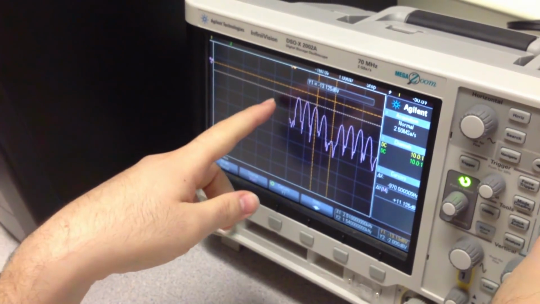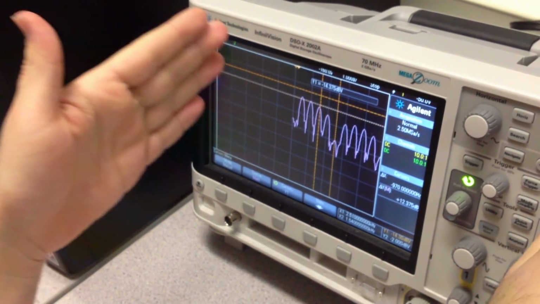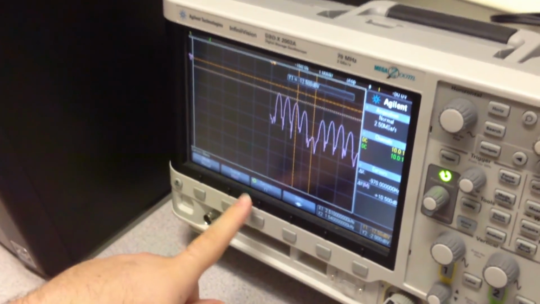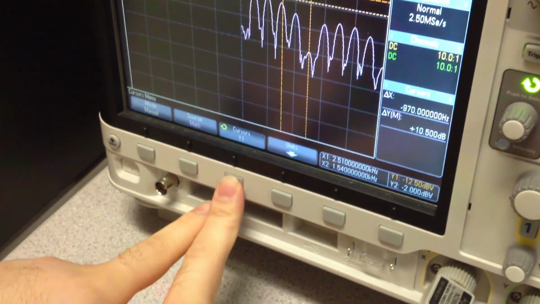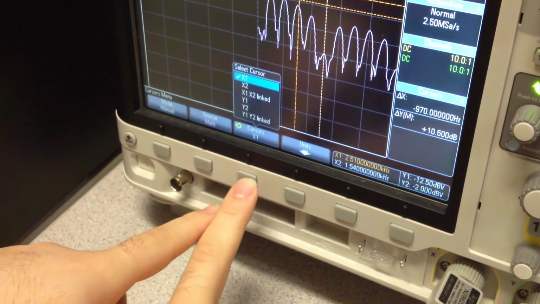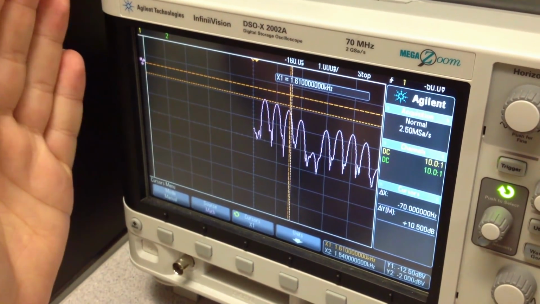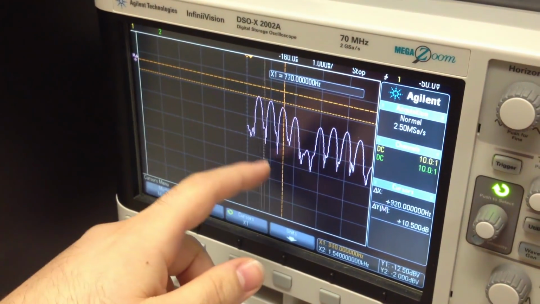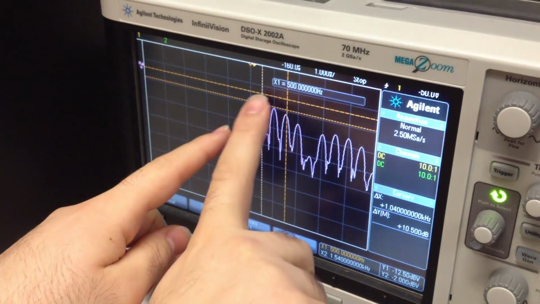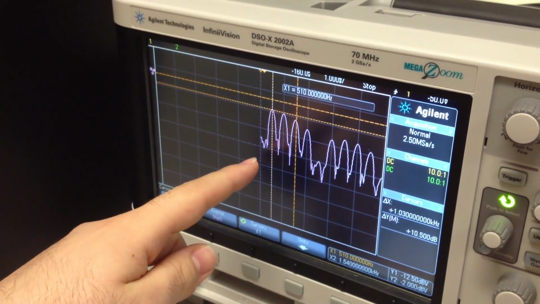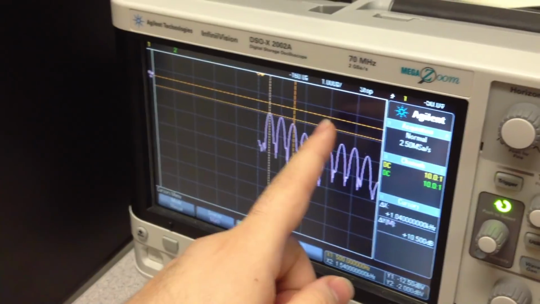Okay. What about the frequency? Are these frequencies okay? Let's choose the X cursor. The X cursor moves like this. Let's look. Yes, the first bin is 500 Hertz. That's okay.